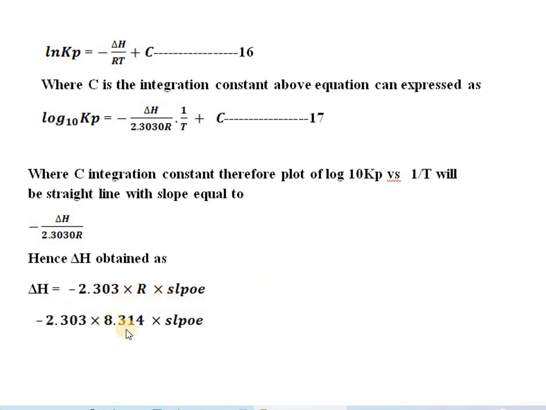Put the value of R, like minus 2.303 into 8.314 into your slope, and the value obtained is delta H.